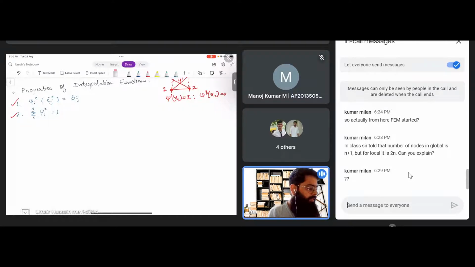If we have say five elements here, we'll have six nodes, right? I don't think sir said two, or let me check.